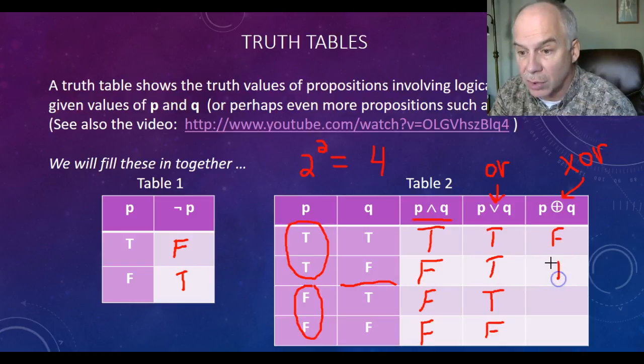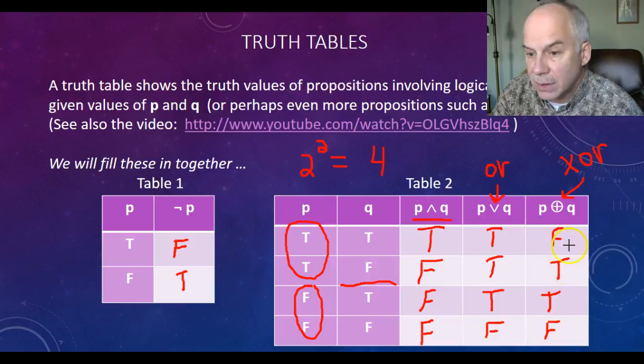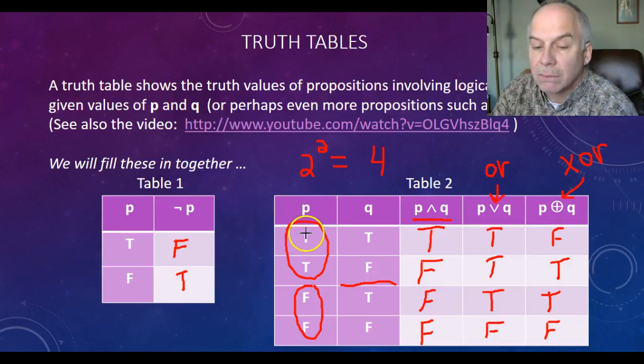But in the second row, we do have exactly one, and in the third row, we have exactly one being true. But in the last case, we do not have one, so it's not exactly one to be true. So these are the truth values for XOR given these truth values for P and Q.